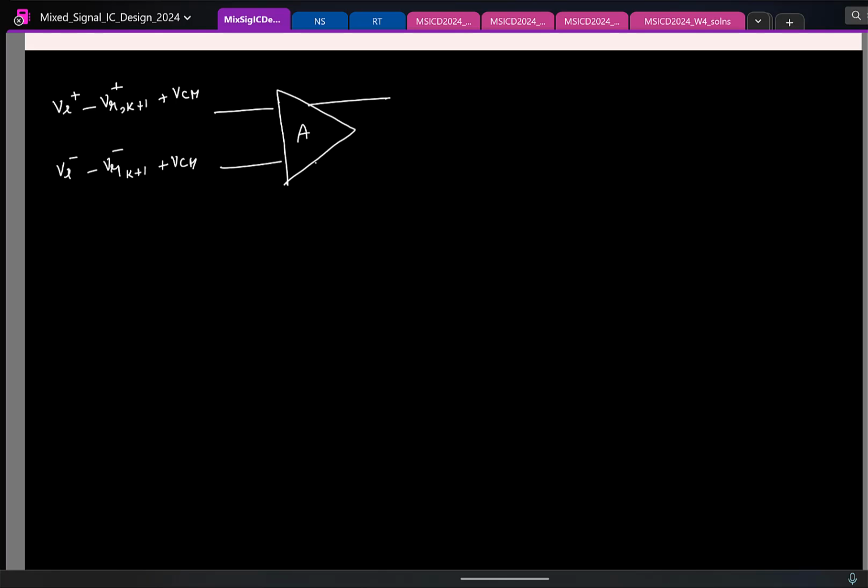In a differential case, remember I will feed the inputs in a differential way. So Vi plus minus the k plus 1th reference plus a common mode. Similarly on the bottom side it is the negative reference voltage for the k plus 1th plus VCM. This is the input to the preamplifier, and the output of the preamplifier I give to the same thing.